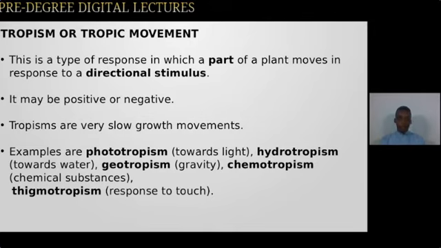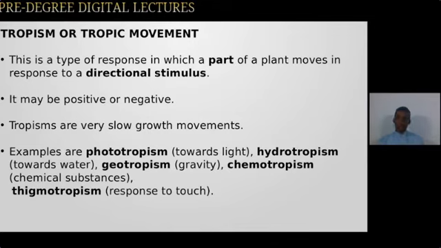Now the next kind of movement is tropism or tropic movement. This is a type of response in which a part of the plant moves in response to a directional stimulus. So it can also be positive or negative, depending on whether the plant moves towards the source of the stimulus or away from it. Tropisms are very slow growth movements.